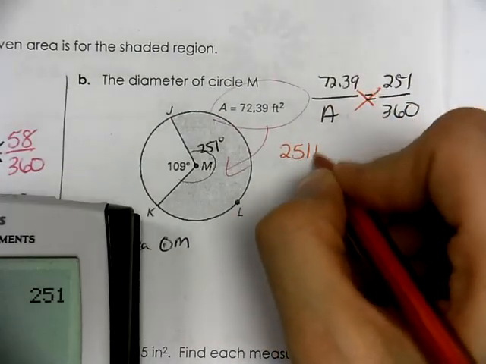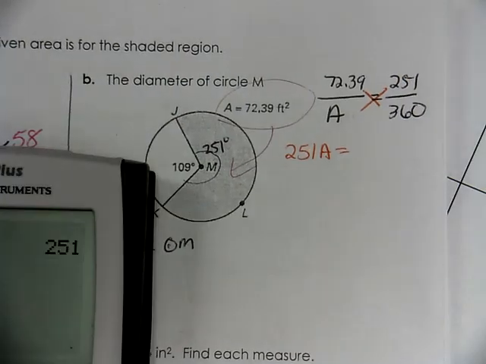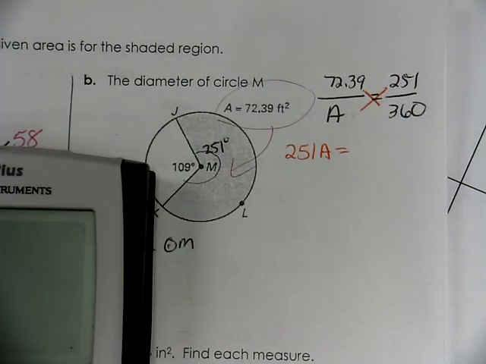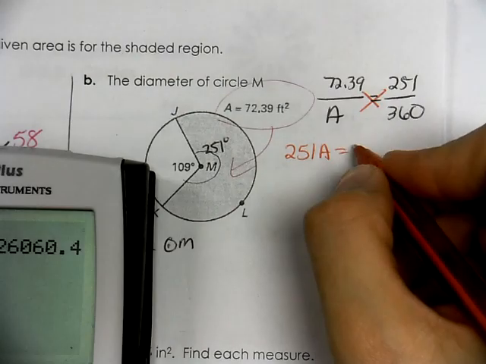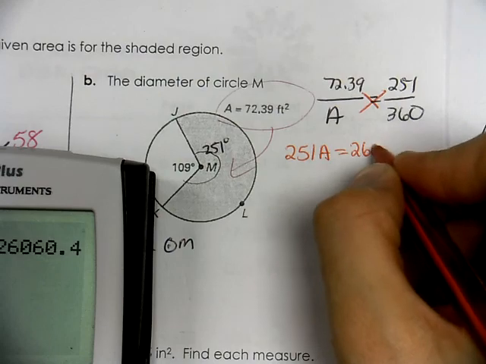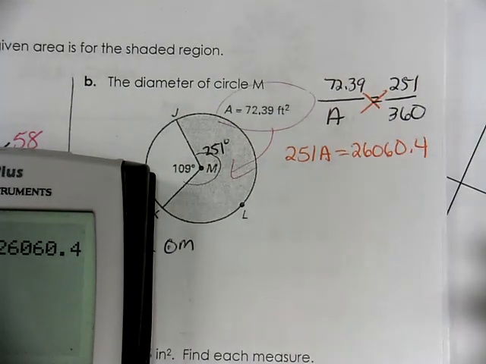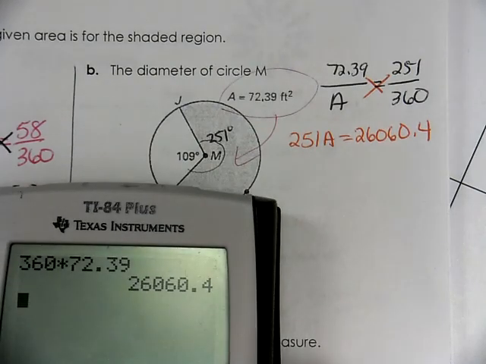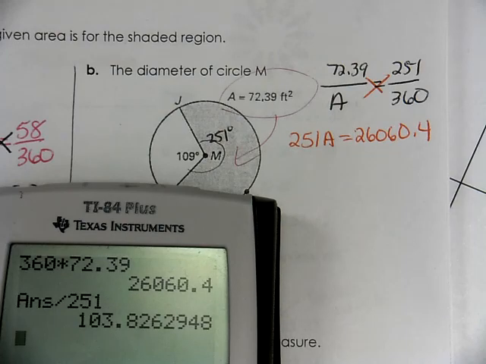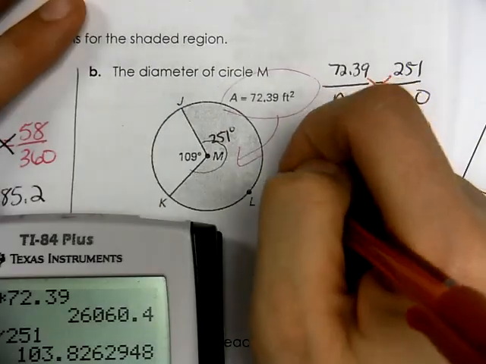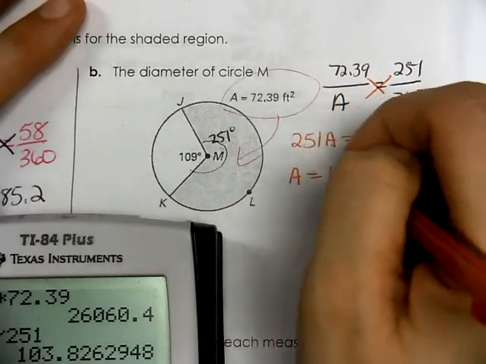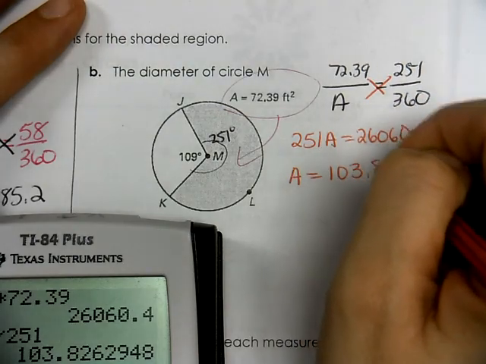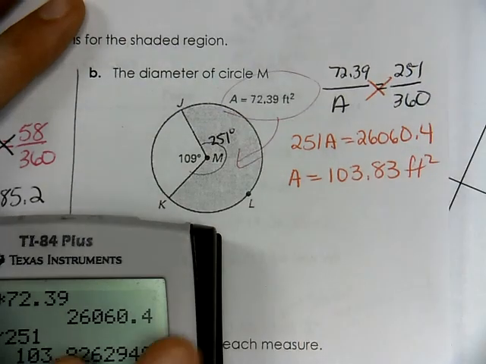So 251A equals 26060.4. Then I'm going to divide by 251. So our area is 103.83 feet squared.